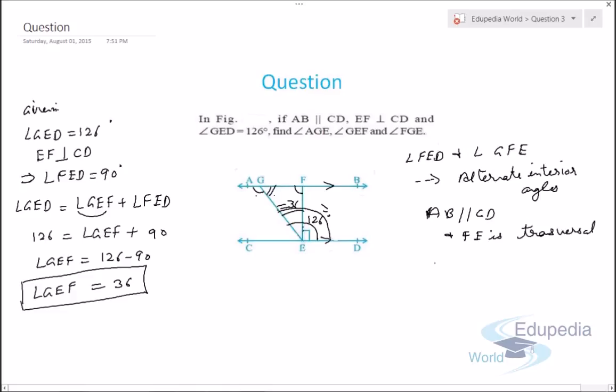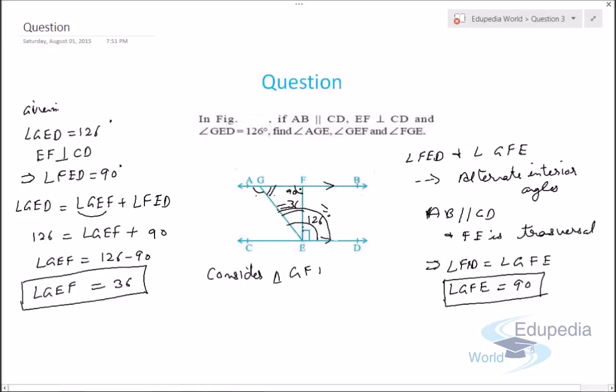So this implies angle FED is equal to angle GFE. So angle GFE will be equal to 90 degrees. So we got angle GFE as 90 degrees. Now if we consider triangle GFE, we have three angles.